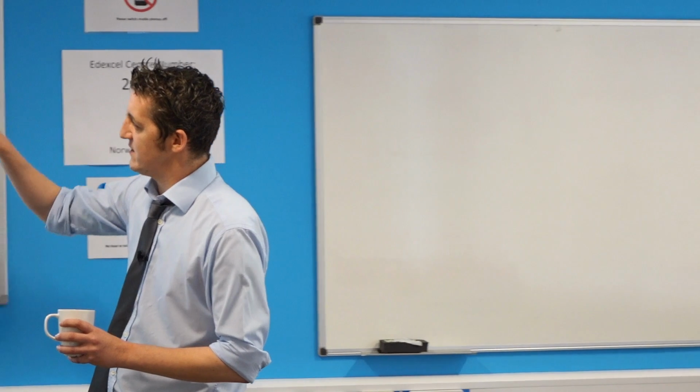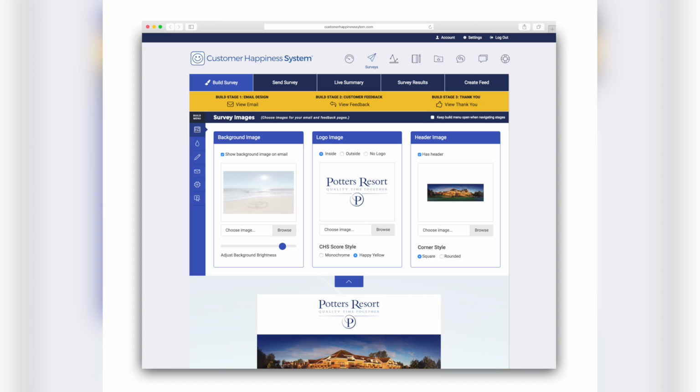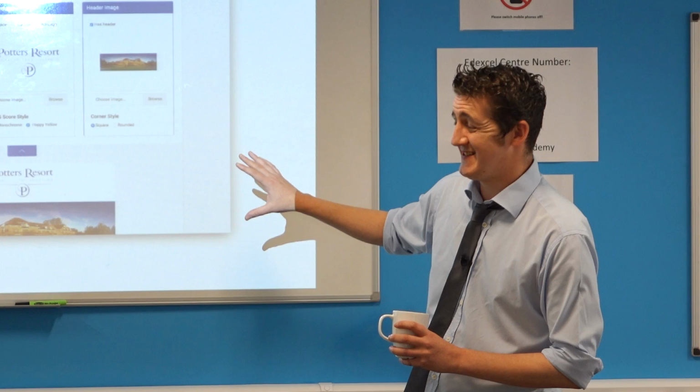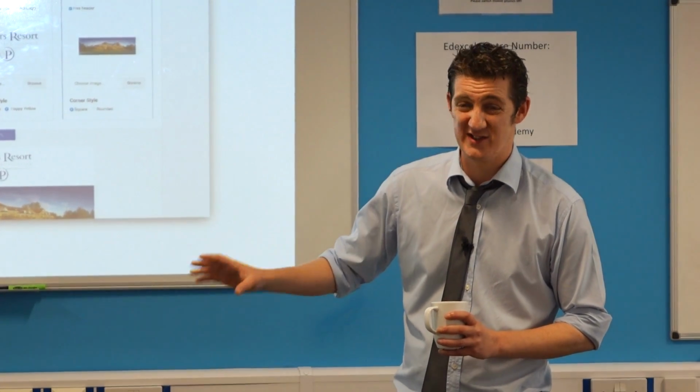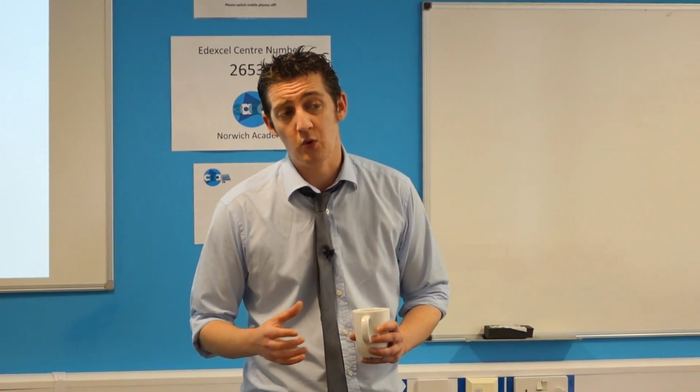So we had the dashboard, those key metrics. We had the survey builder, and what we wanted to do with this was make it really accessible for companies. A lot of companies don't have a design team, or much marketing experience if they're quite small.